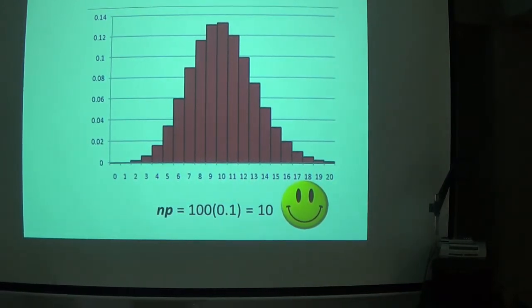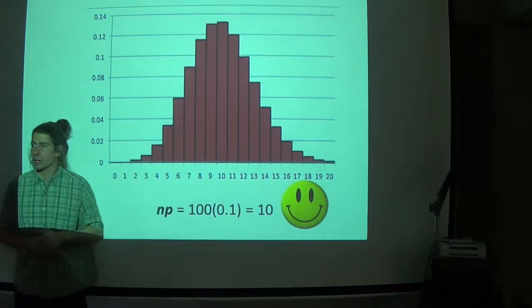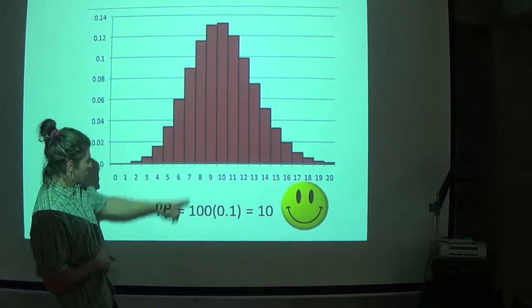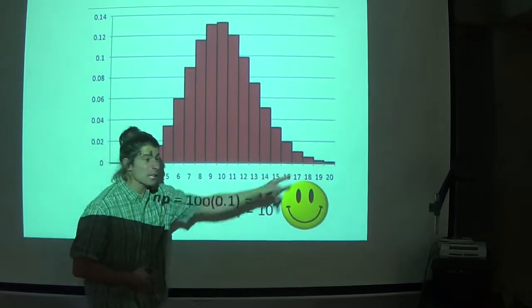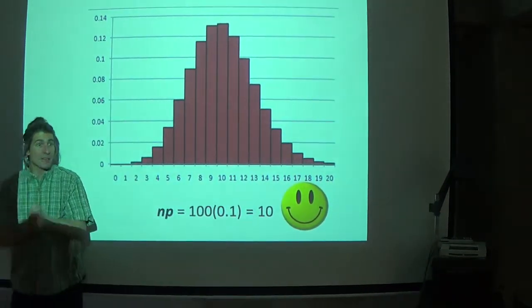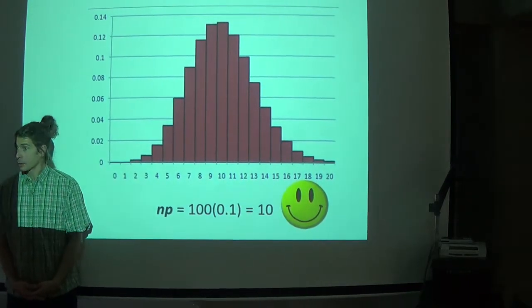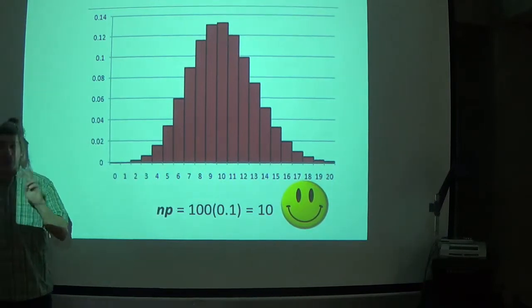You might also notice that with a sample size of 100, this horizontal axis should go all the way to 100, shouldn't it? Technically speaking, even if the percentage of success is 10%, you should be able to explore the possibility of getting 100 successes out of 100 with a 10% success rate. It shouldn't happen very often. That's the whole point of 10% success.